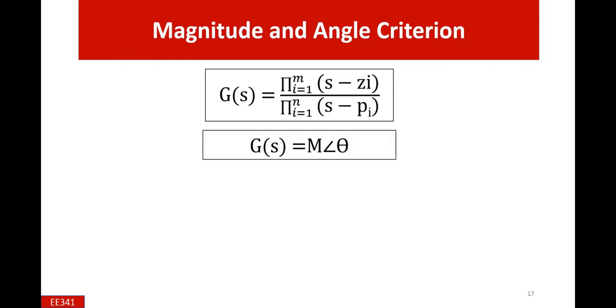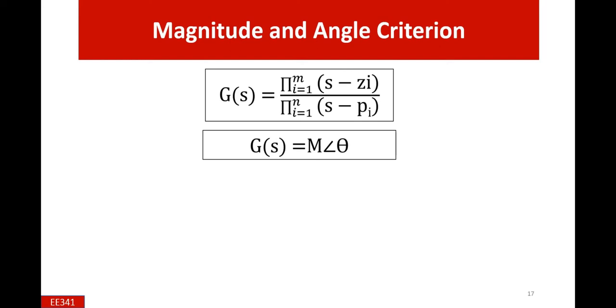And for this product form, if we find the value of the function, it has some magnitude and phase angle. For example, we have (x plus j3) times (3 plus j9) and so on, divided by (2 plus j11) times and so on.